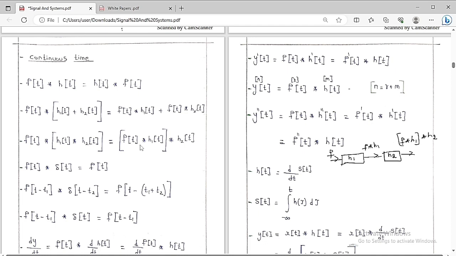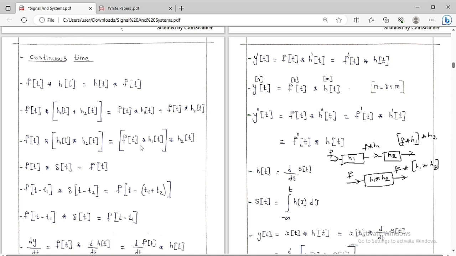Instead of that, I will take a simplified circuit. Then I can write h1 convolution of h2. So this simplified circuit has an impulse response that is the convolution of the initial impulse responses. Then I give the input f. What is the output I am going to get? f convolution of h1 convolution of h2, right?